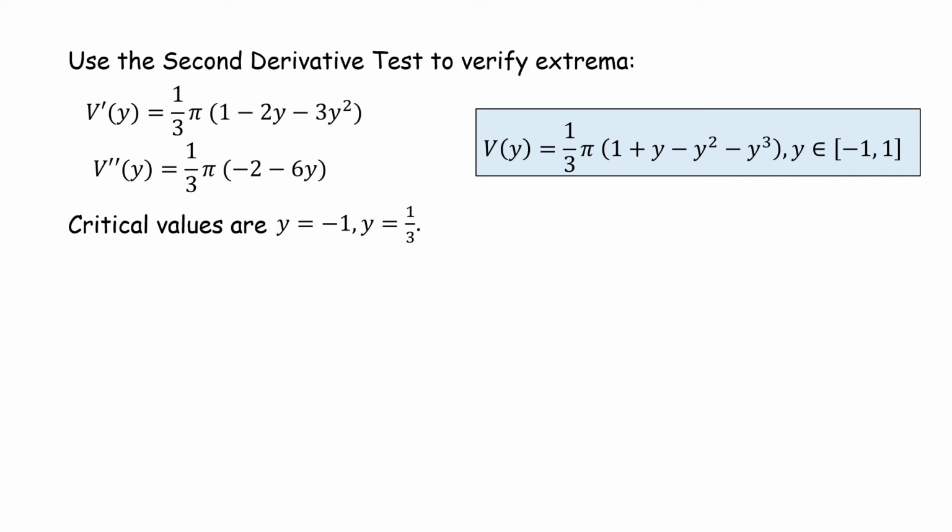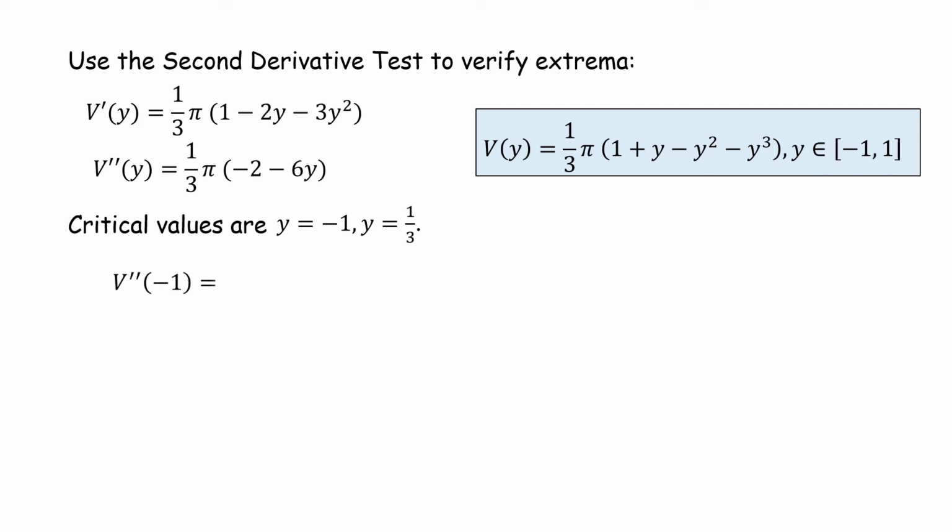For the second derivative test, we evaluate each critical value in the second derivative to determine whether it's positive or negative. Let's evaluate the second derivative at the value of -1.